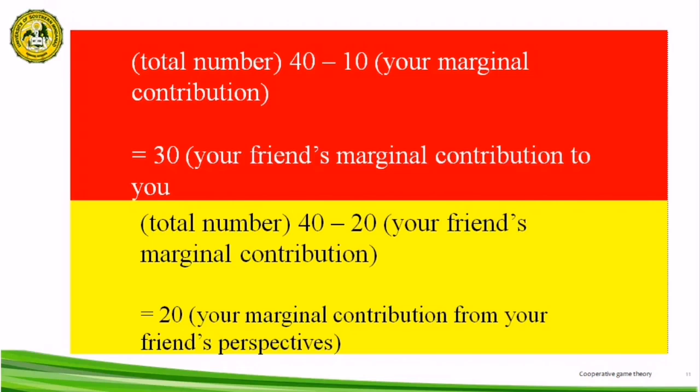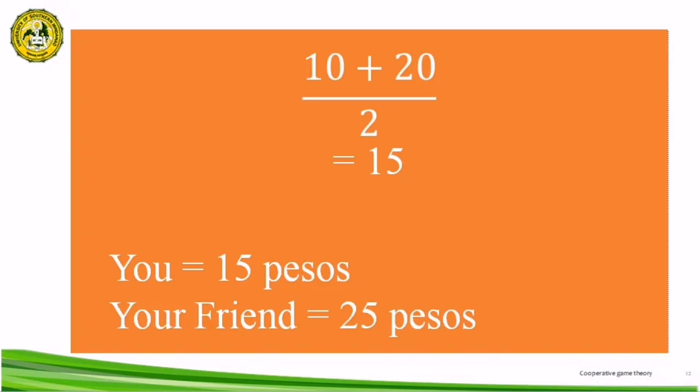But in the second case, your value to the coalition is now 20 paper flowers. And according to the Shapley value equation, you should average those two numbers. So 10 plus 20 is equal to 30, divided by 2 is equal to 15. So the Shapley value equation says that you should get 15 pesos and your friend should get 25 pesos.